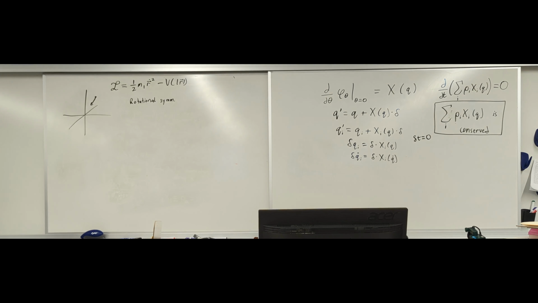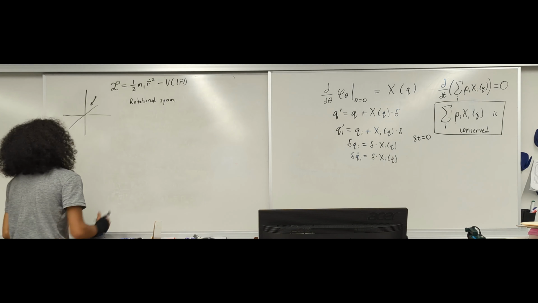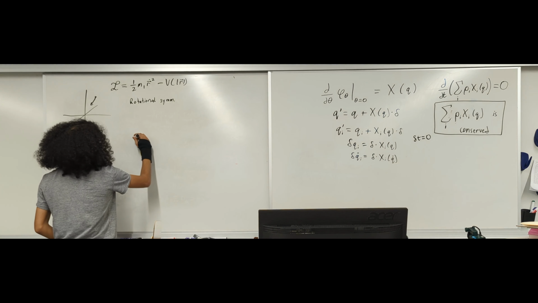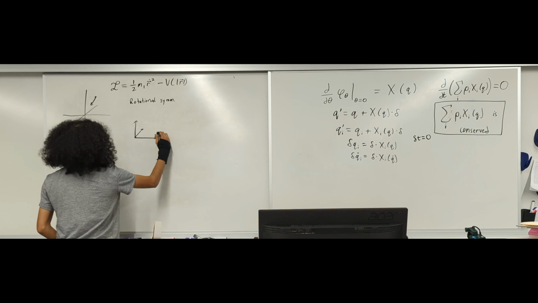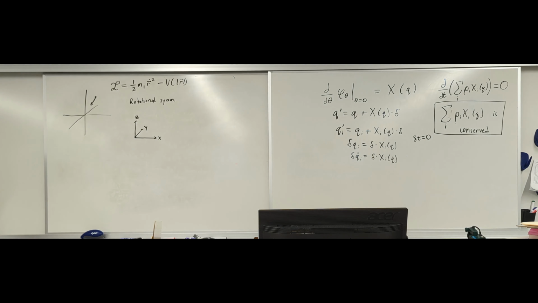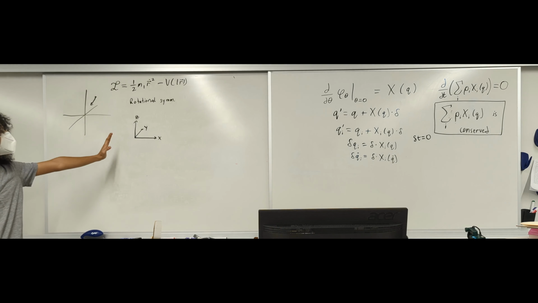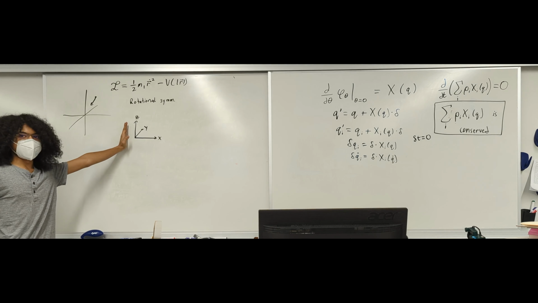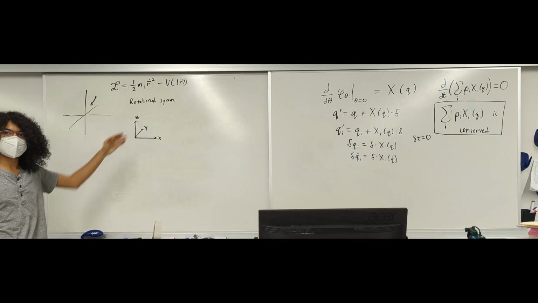But if we can rotate however we want, originally we start with our basis vectors looking something like this, right? So x, y, z. Now we can specify through theta and phi where our z basis vector is going to go, right?